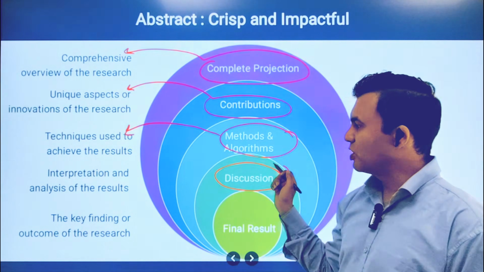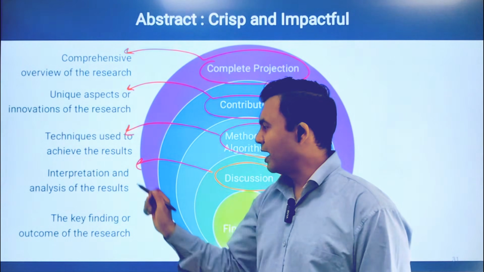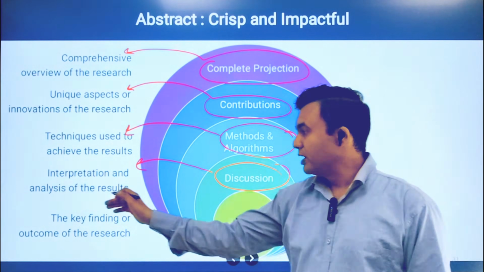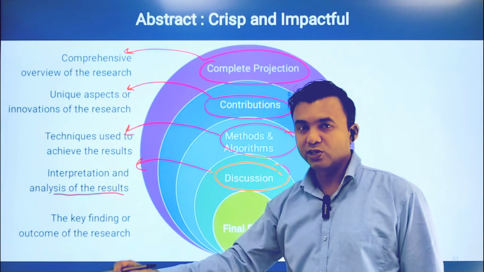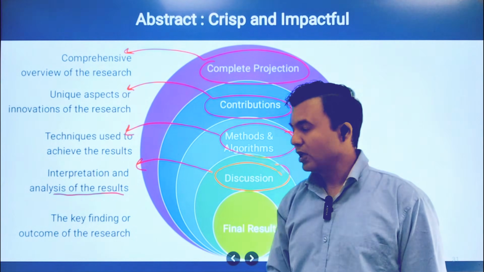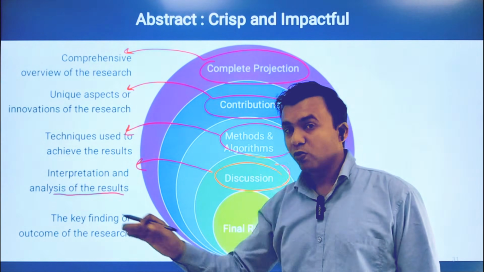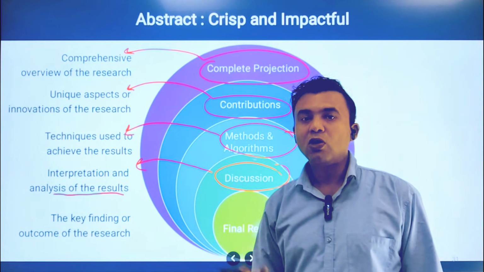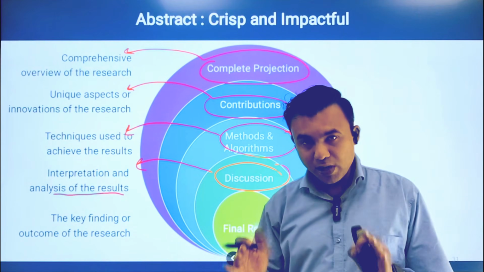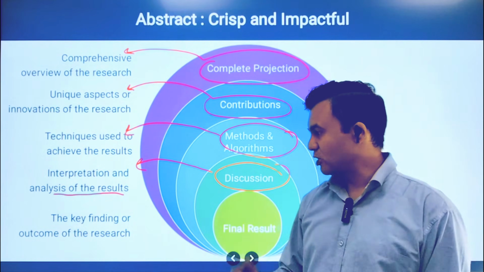Then you have a discussion, the interpretation and the analysis of the results. Discuss the results with numbers. Avoid discussing the general trends. Discuss the results quantitatively, so that should be a qualitative plus quantitative discussion. It should be a mixed method of explanation.